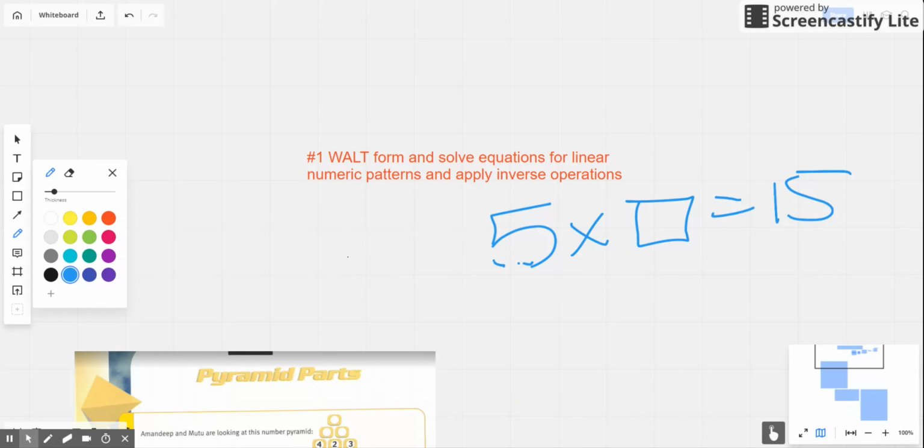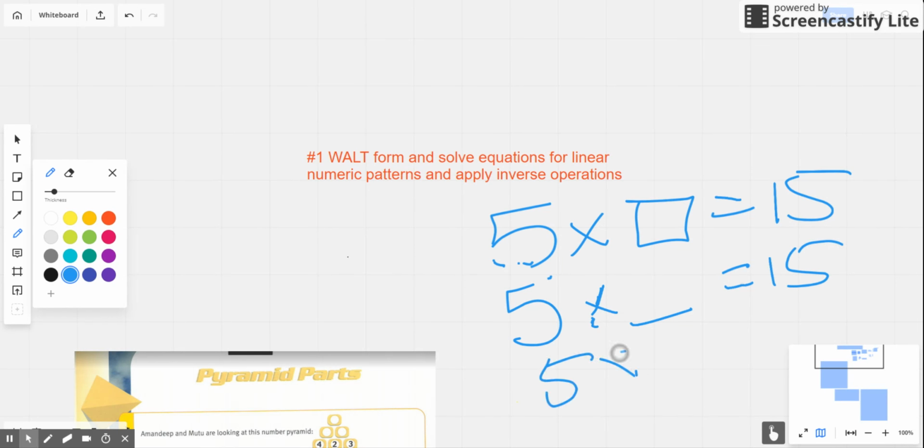That's pretty much your most basic form of algebra. Okay, as you got up through school, things changed a little bit. Your square ended up getting turned into a line, so you ended up with 5 times a line equals 15.